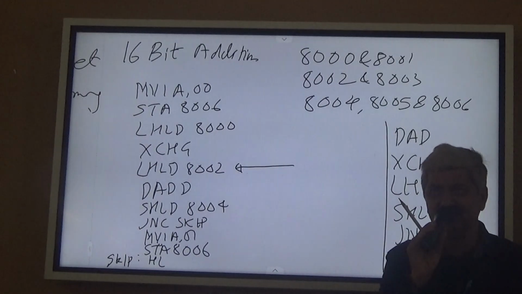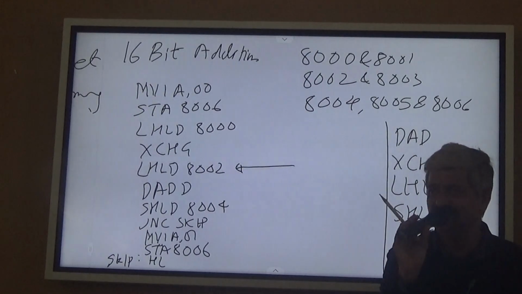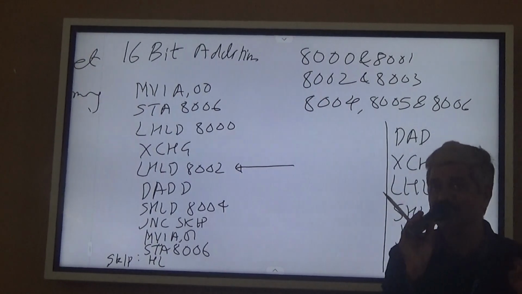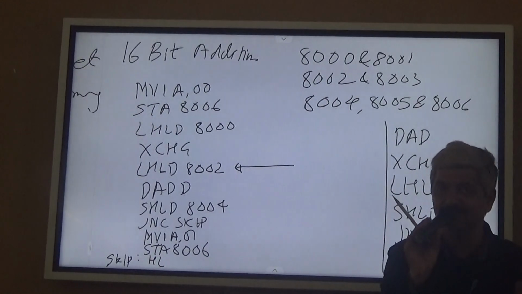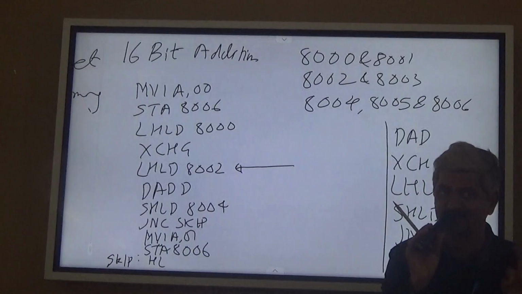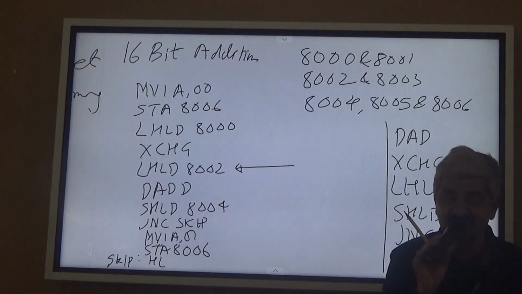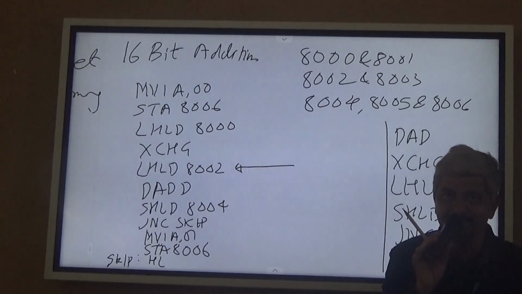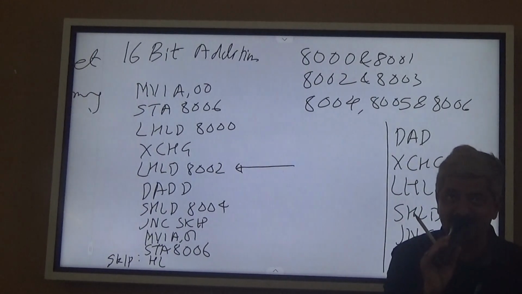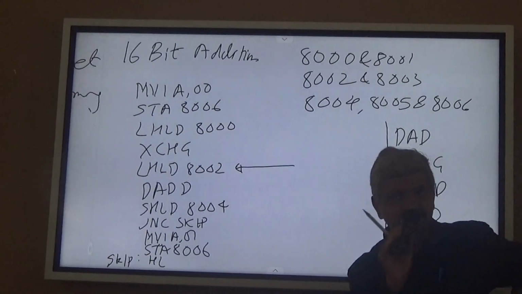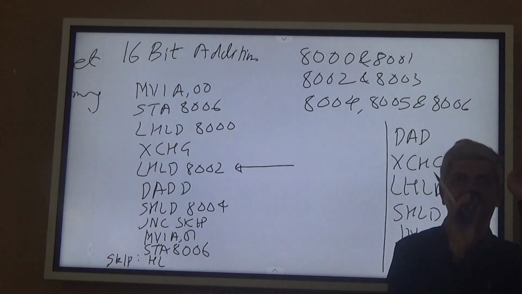It's a very simple but critical question. What is my requirement? The requirement is to transfer HL to D. So can I use the exchange instruction? Does the exchange instruction do whatever I intend? Listen very carefully, it's very important.